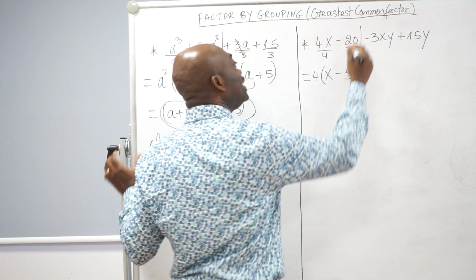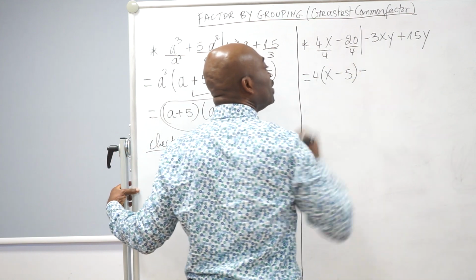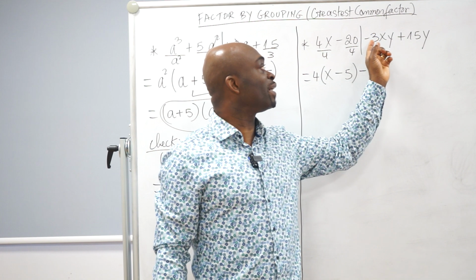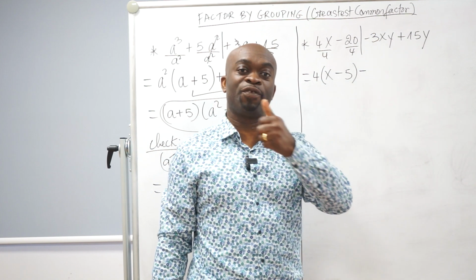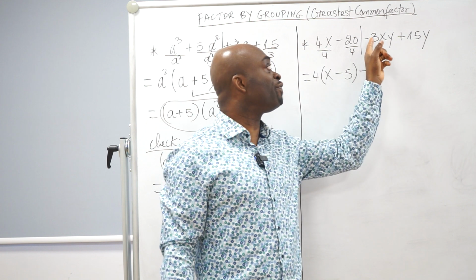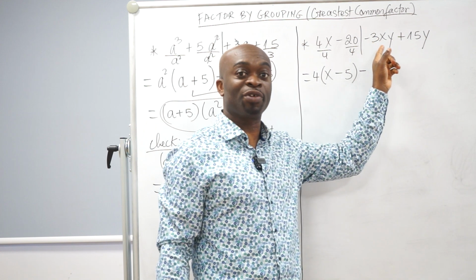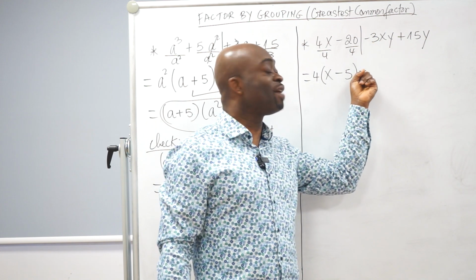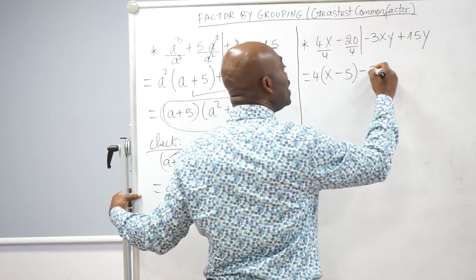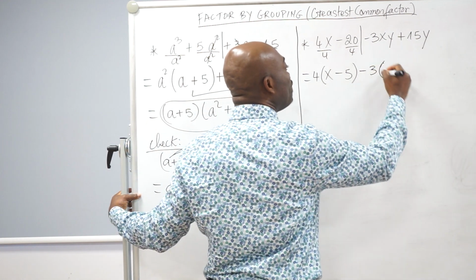All right? And then, guys, whenever you have the sign here, positive or negative, you always keep the sign. So if this were positive 3xy, you would have a positive sign here as well. But we have negative 3. So that's our greatest common factor.